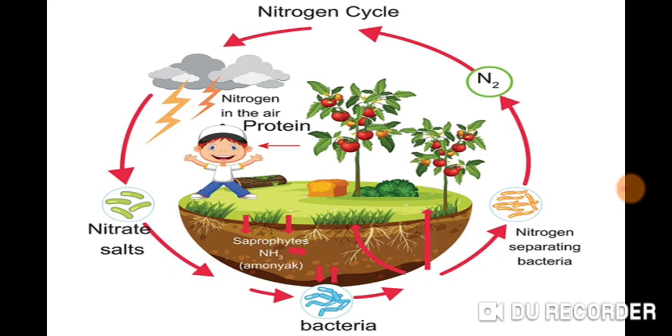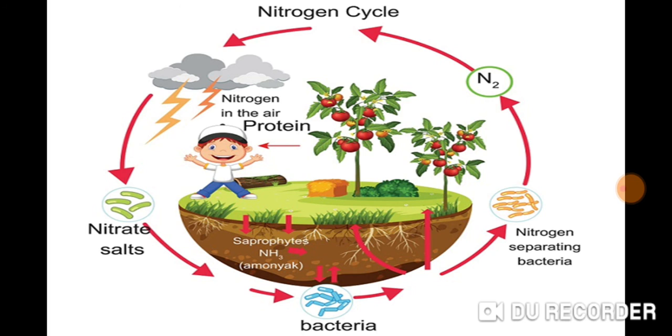Then on the left side, nitrogen fixing bacteria transfer nitrates from the soil back in by the process of nitrogen assimilation and ammonification.